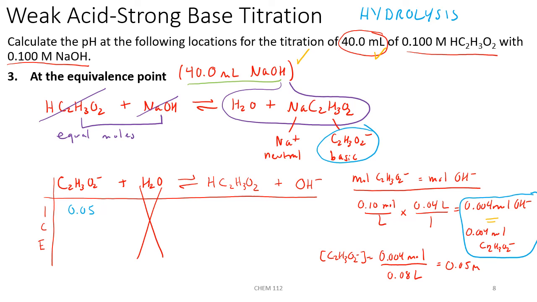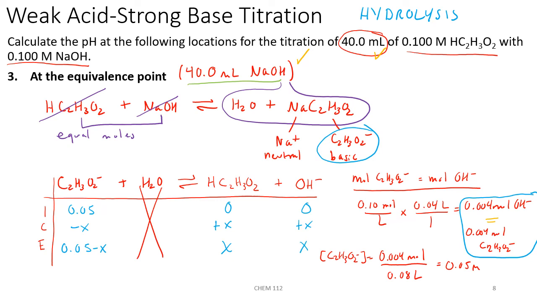Before the hydrolysis occurs, we have no acetic acid, no hydroxide. When acetate ion reacts with water, it's going to go down by -X. We're going to form some acetic acid and hydroxide, both by +X. The equilibrium line will be 0.05 minus X for acetate, and X for acetic acid and X for hydroxide.